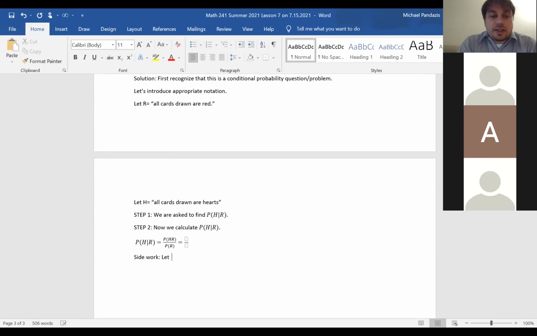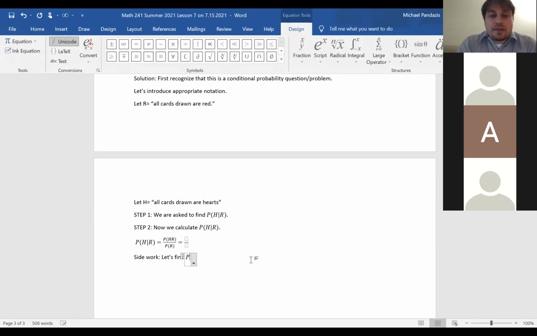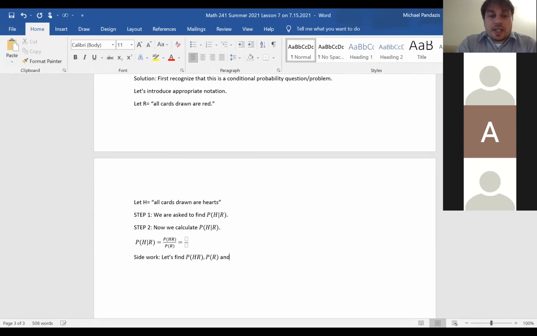Let's find the probability of H and R and the probability of R and plug them in to find the answer to the problem.